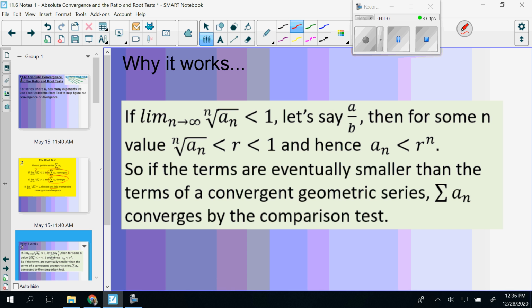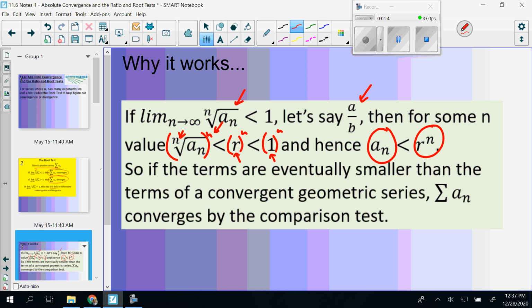Why does this root test work? Well, if you take the nth root of the series, and let's say that it comes out to be a over b, some fraction, then there is some n where if we say that it's less than 1 but also less than some r, that means if we were to take the nth power of all this, taking this to the n power would cancel out our root here, so we just end up with a sub n.